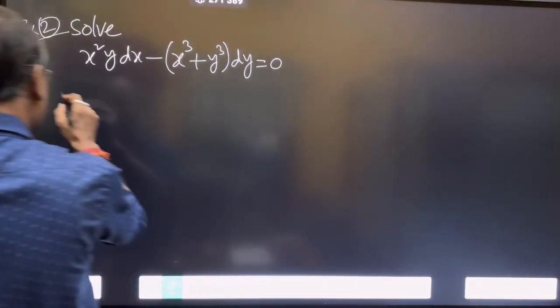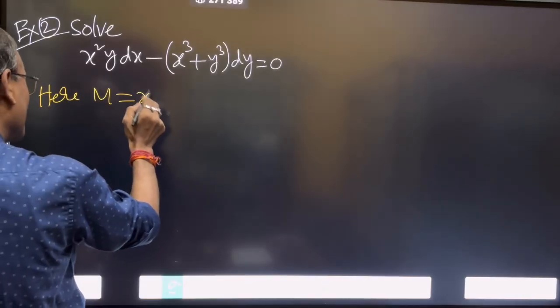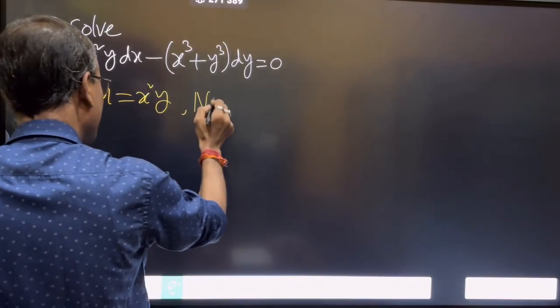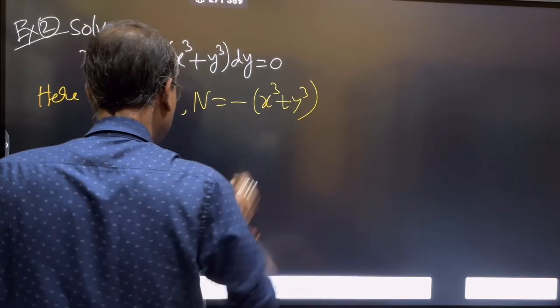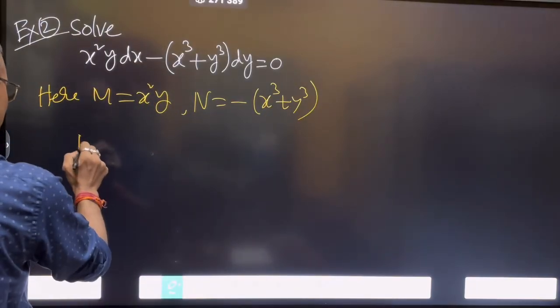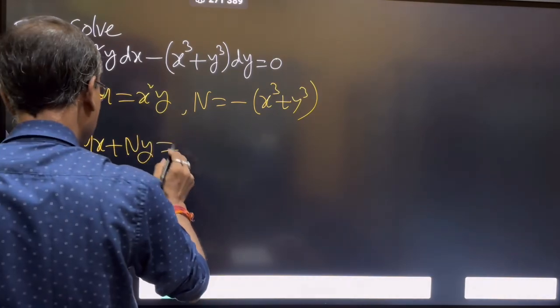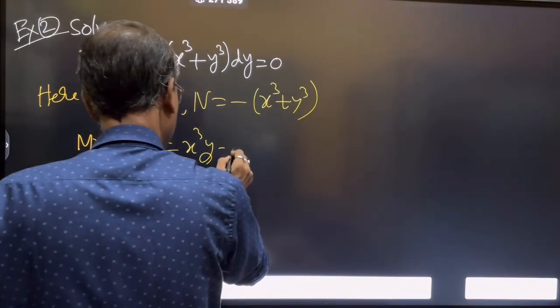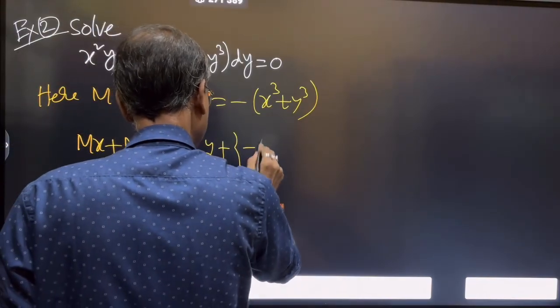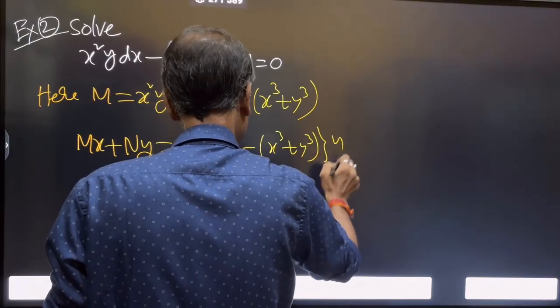Now, here M is equal to x square y, N equal to minus x cube plus y cube. Mx plus Ny equal to x cube y plus minus x cube plus y cube into y.